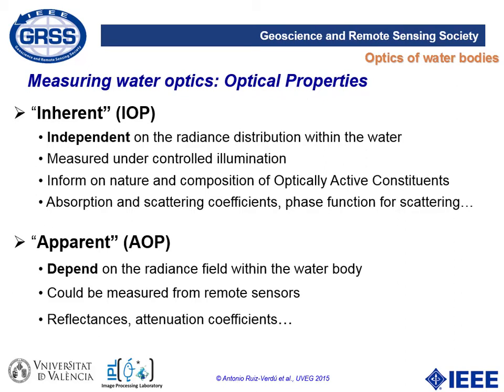These apparent properties are the properties that we can measure with radiometers or with sensors on different platforms, in a plane, or typically in a satellite, and therefore are the magnitudes that we will normally deal with in remote sensing of water bodies. The most important are the different reflectances, or for example the attenuation coefficients.